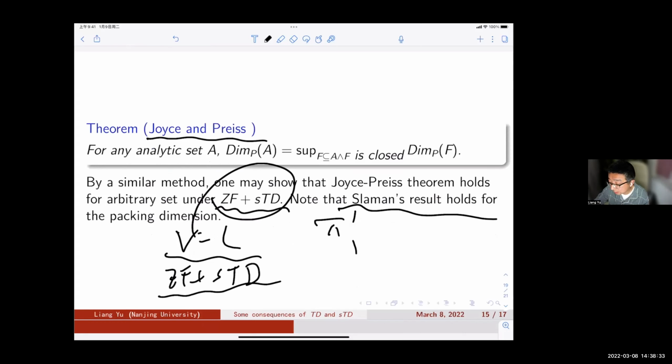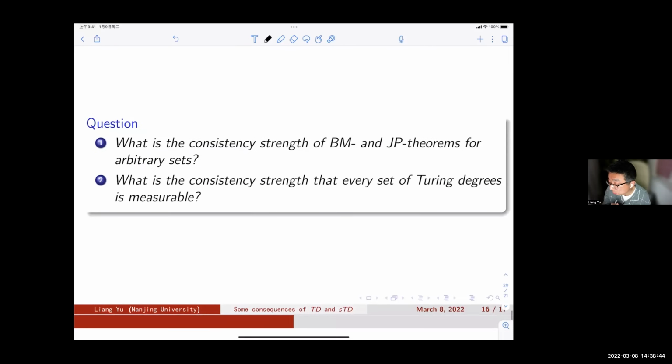So this is much stronger than V equals L. There's a huge gap. Now the open problem is what is the exact consistency strength of the BD and JP theorems for arbitrary sets? We don't know whether it is equivalent to the consistency of CF, or even a measurable cardinal. We don't know.